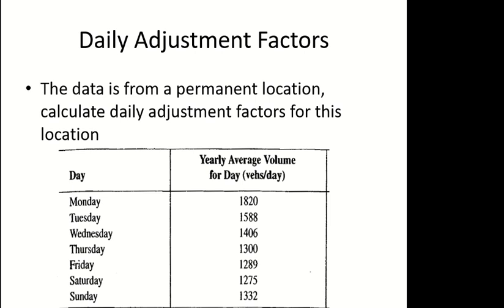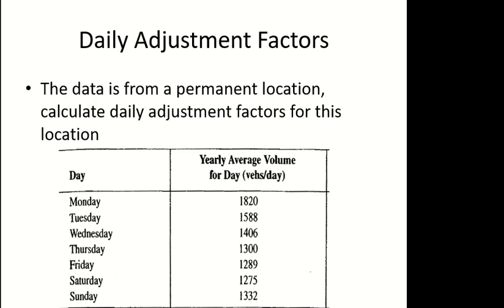Now you see this one, this data for every day. So they collected data for the entire year, and in the entire year we have the 7 days of the week, right? So what they did, they separated the data for each day of the week and calculated an average for that day. So whatever Mondays they had in the year, they separated the data of those Mondays, and then they calculated the average from all the days of the year only for Mondays, and they got a value of 1820.